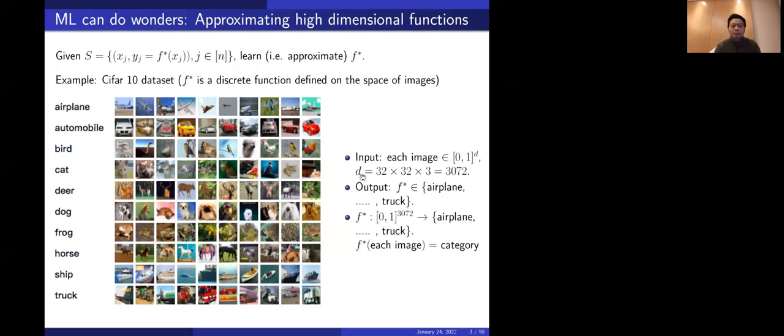The number of pixels is 32 by 32, and then the space of color is 3-dimensional. So really, this is a 32 by 32 by 3-dimensional problem, a 3072-dimensional problem.